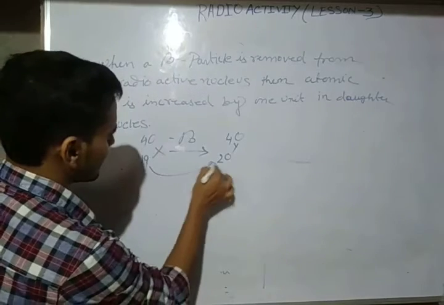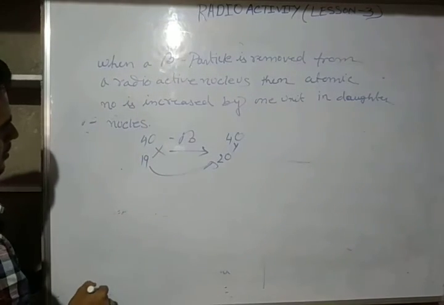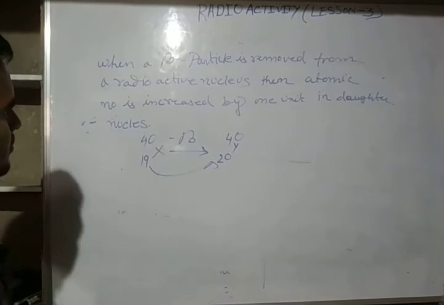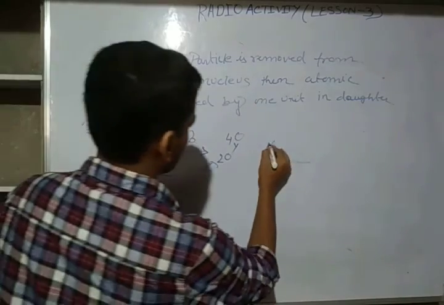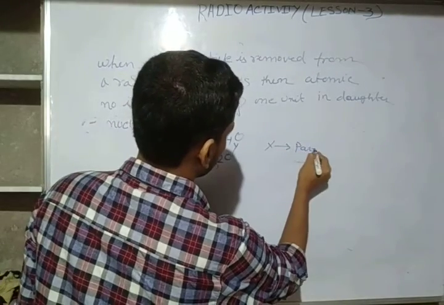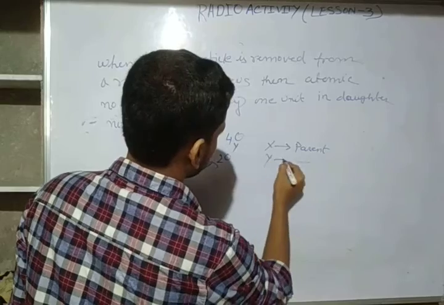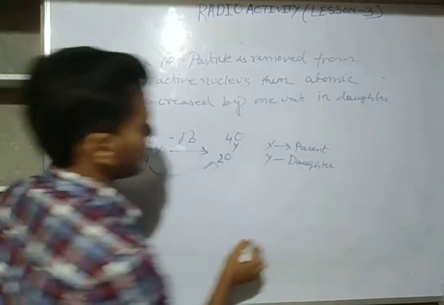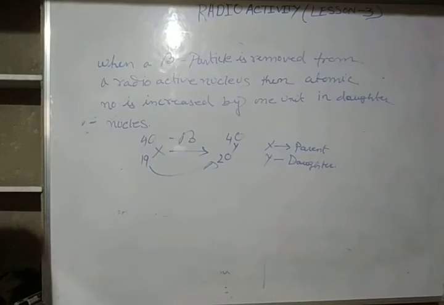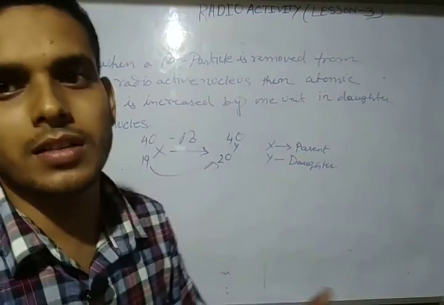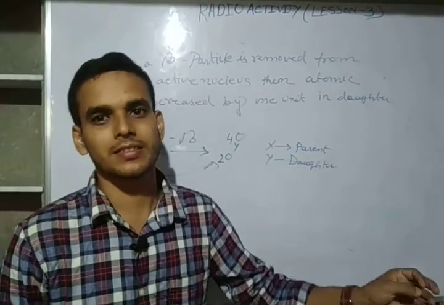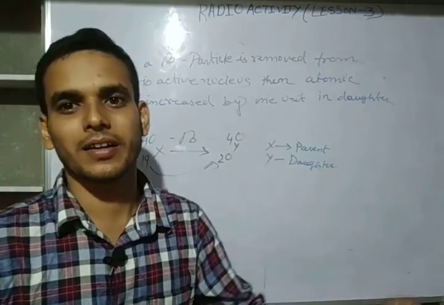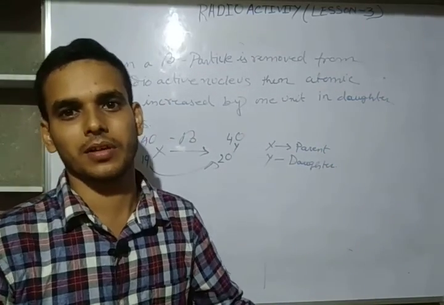Atomic number is increased by 1 unit. X here is parent, Y daughter. Okay. These are the comparison among the rays emitted from different types of radioactive nucleus. Okay.